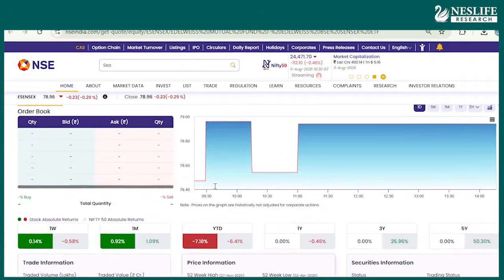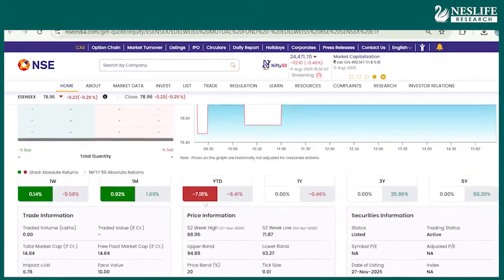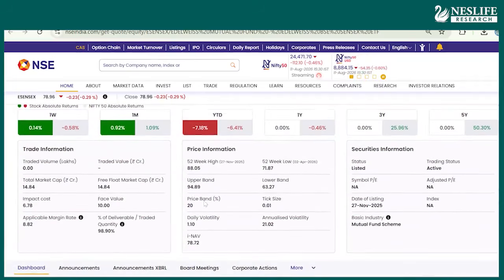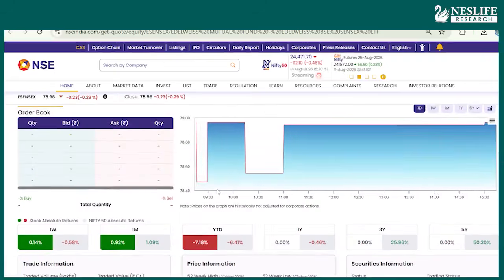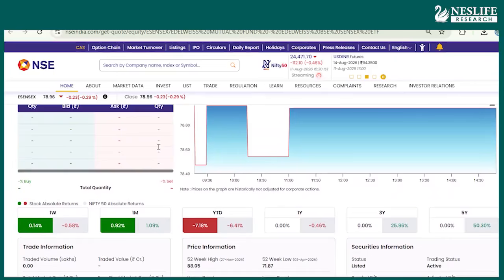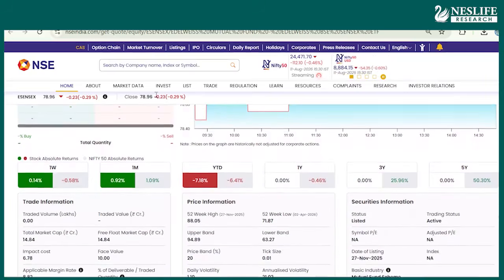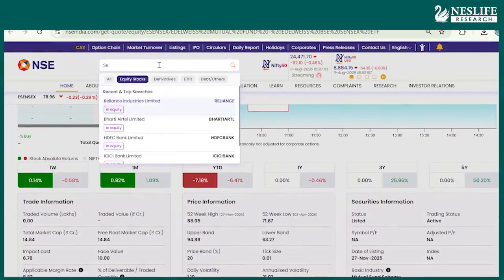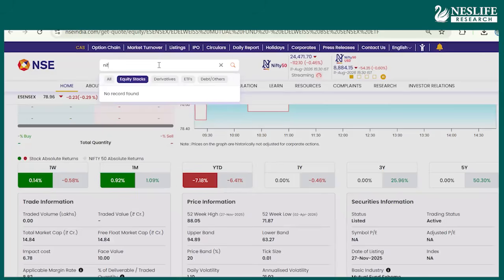Sometimes you may not be able to execute the order, but then you have to do the trade-off. Now you can see 78.72 is the iNAV, and now this is higher than the iNAV. Try to buy below the iNAV, or at least at the iNAV, not above. Okay, so let's show the Nifty BeES here for comparison.